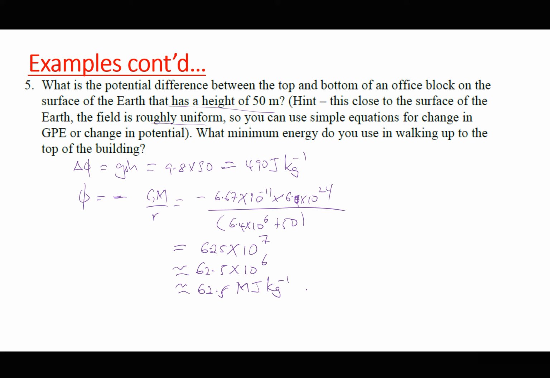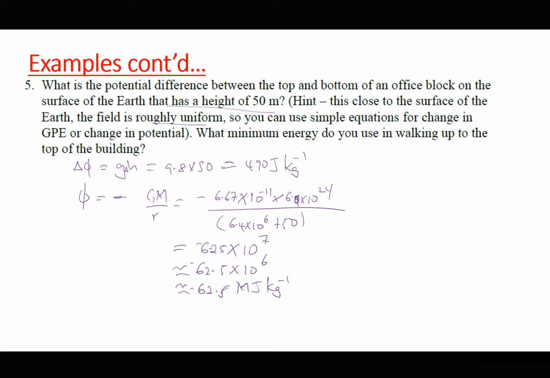Now, if I want the change in potential, on the surface of the Earth the potential is approximately 63, I think. By the way, this was negative. The potential is approximately negative 63.